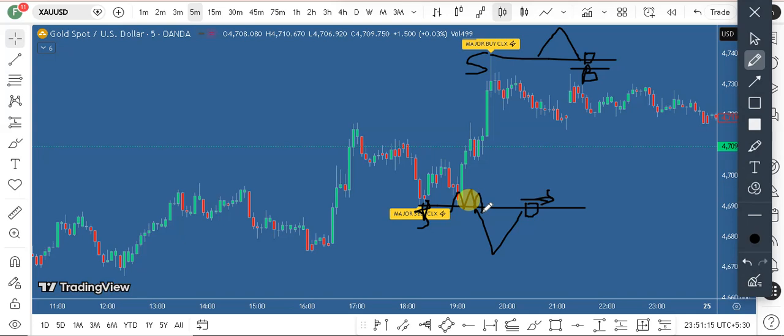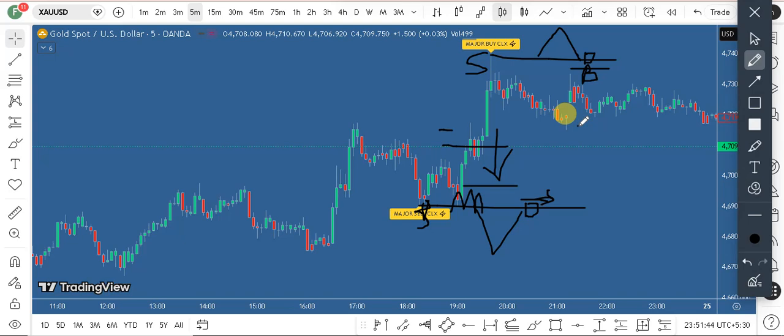Then you have to consider the major swing high. Not far, like it shouldn't be the case that the swing high is here and you're planning your trade over here. That doesn't make any sense at all, placing the stop loss too far away from your selling price or buying price. So you have to apply your due diligence, and then based on that, you have to place your stop loss.